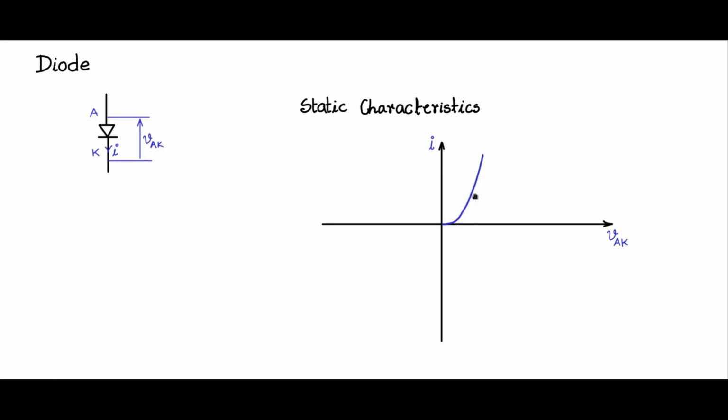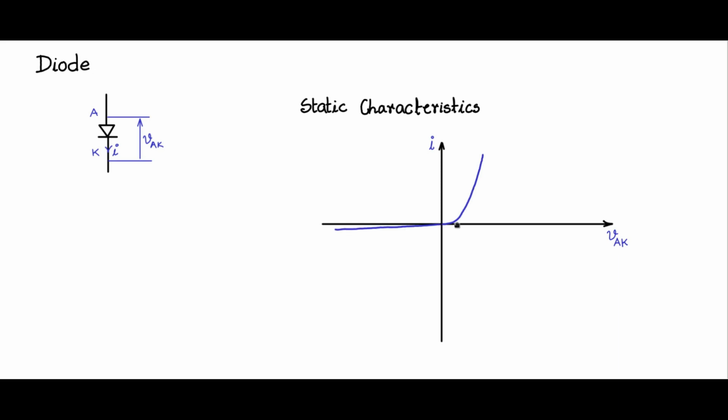This is a practical PN junction characteristic, or a practical diode characteristic. This is called the forward characteristic. And this voltage is not much. It will be of the order of 0.6 to 0.7 volts for a silicon PN junction diode.